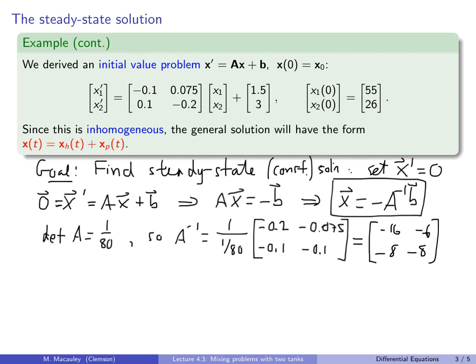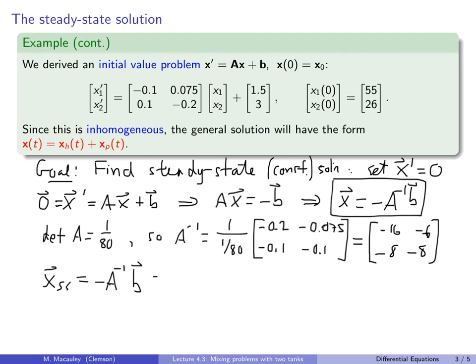So in other words, the steady state solution, instead of calling it xp of t, I'm going to call it xss. So this is not just a particular solution, it is a steady state solution. This is equal to negative A inverse times B. The negative of this is A inverse, and the negative of this makes it positive.